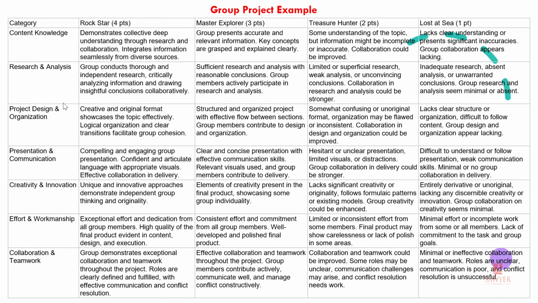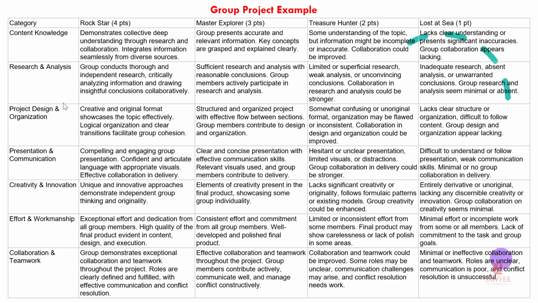And then when we talk about the group project example, there's a little bit more to it. When you do group projects, you're going to want to word it differently. If you look under Master Explorer, Content Knowledge, Master Explorer: group presents accurate and relevant information.